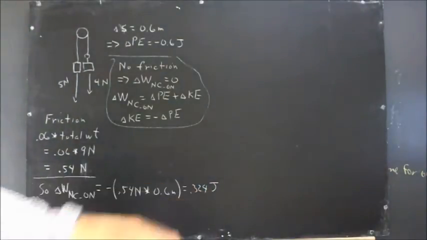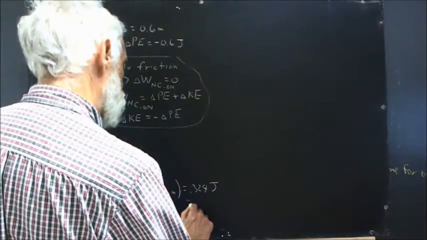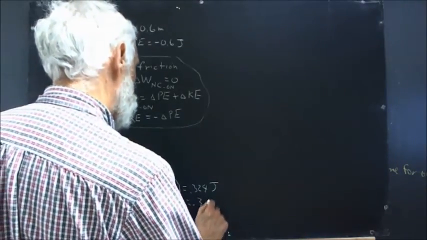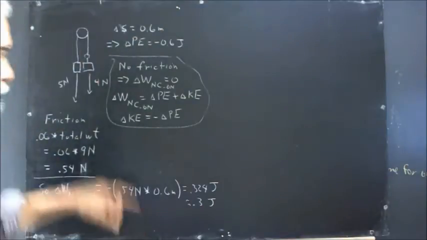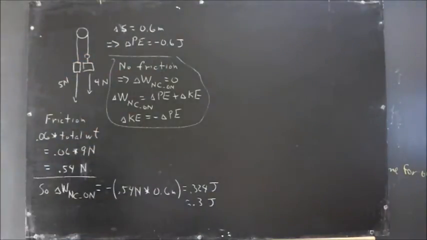Now, we got a significant figure question here. I'm going to say that's approximately 0.3 joules. Since we've only calculated everything else to a single significant figure, we'll calculate this to a single significant figure.